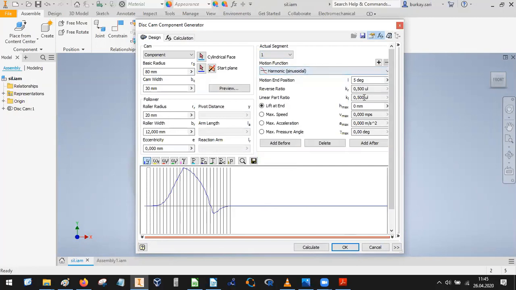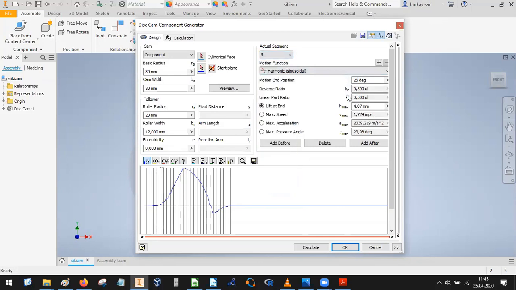From the first one, we have 0. The second segment, we have 0.26. The third segment, we have 15 degrees, 0.51. The next one, we have 4 segment. The fourth segment ends at 21.35 millimeter.